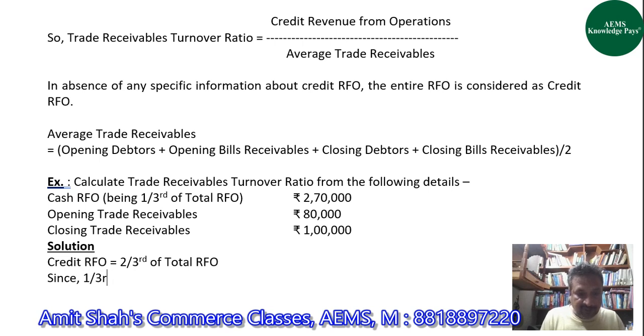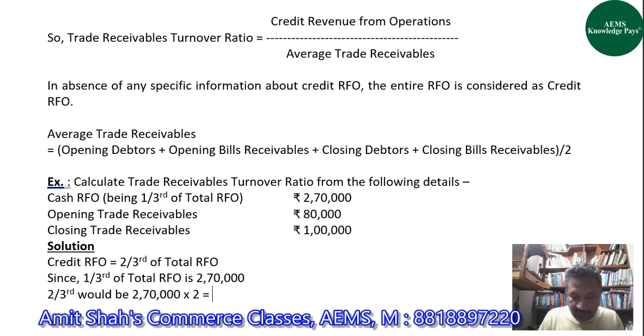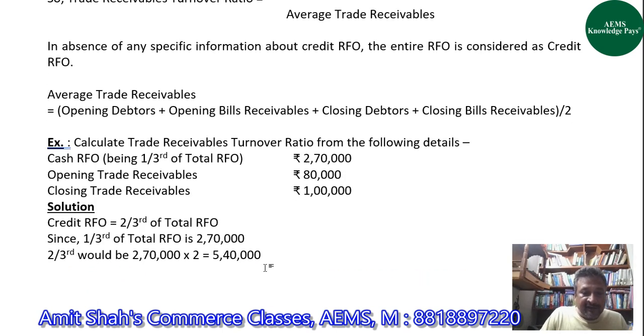Since one third of total RFO is 2,70,000, two third would be how much? Two third is twice of one third. So twice of 2,70,000 is 5,40,000, which is our credit RFO.